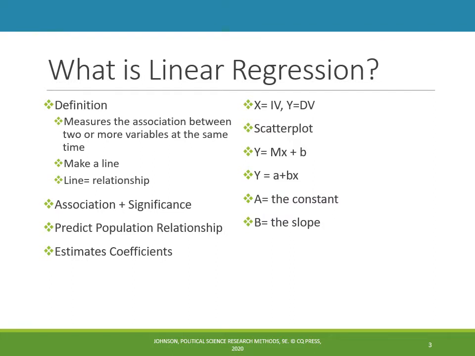Linear regression allows you to do so. What linear regression does is take your sample numbers for both of your variables, and then it estimates the relationship between those variables, how it would look not just for your sample, but also in the larger population.